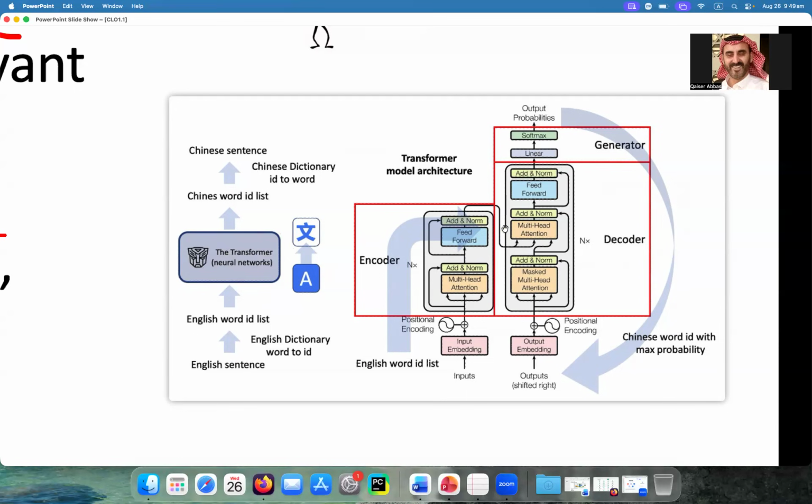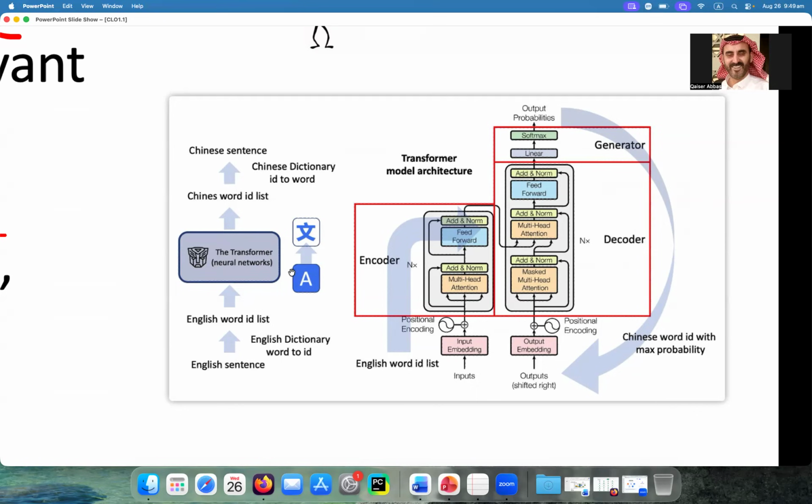You may have already seen this diagram in the course of AI, and maybe in machine learning. If I am giving you a definition of something like deep learning, then I can come up with this diagram also. But in AI, I am presenting this diagram for machine translation. So this is the model, a transformer based model.